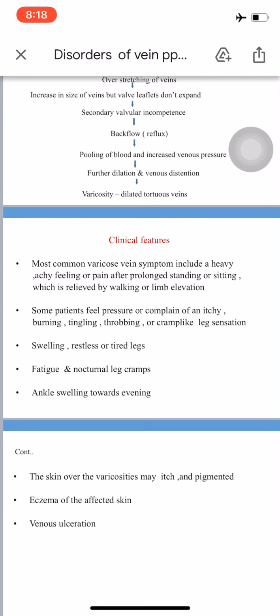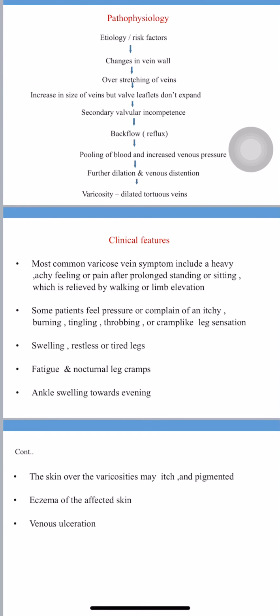So these are the major clinical features of varicose vein. The most common symptom is a heavy achy feeling or pain after prolonged standing or sitting, which can be relieved by walking or limb elevation. Some patients may feel pressure or complain of itchy, burning, tingling, and throbbing cramp-like leg sensation.